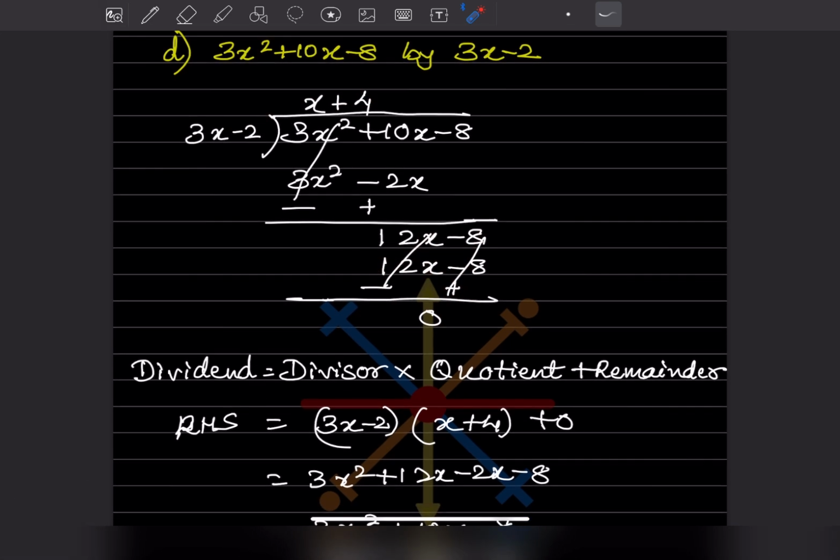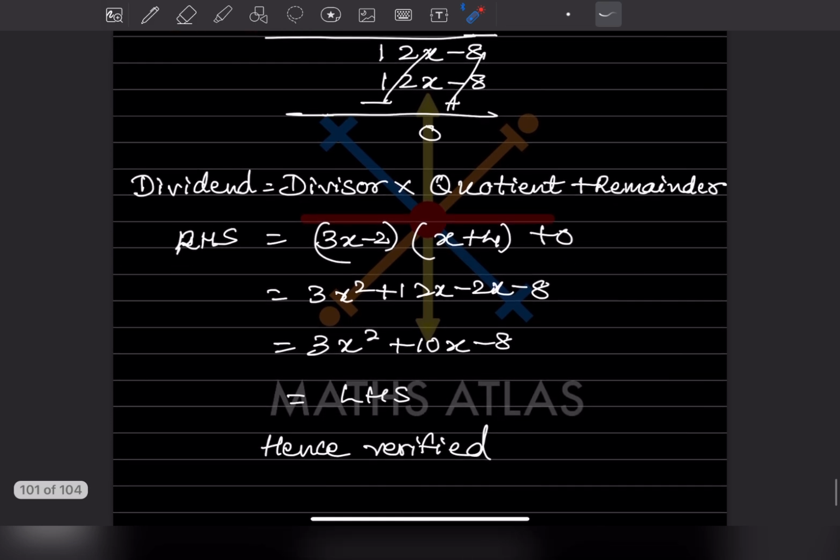So again, dividend is equal to divisor into quotient plus remainder. So RHS is going to be 3x minus 2 into x plus 4 and the remainder is 0. So this will be 3x square plus 12x minus 2x and minus that is going to be 8. So here it is here. So 3x square is here. These are the like terms, plus 12 minus 2, that is going to be plus 10.